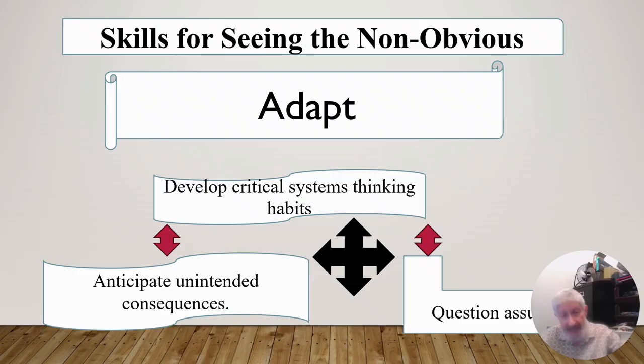Things like looking at things as a whole. And actually, I've got some examples that I want to give you in just a couple minutes here. But it's developing the systems thinking habits. And when you do that, you start anticipating unintended consequences, so you can do something about that.